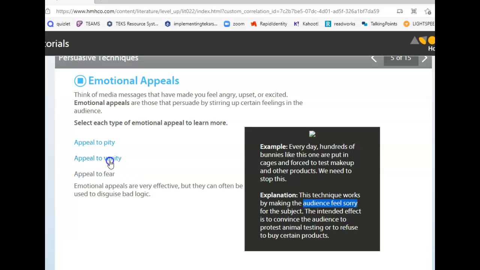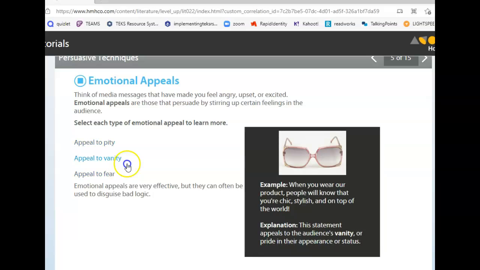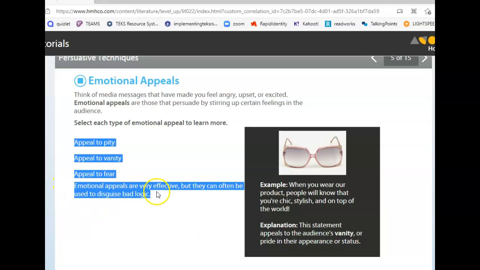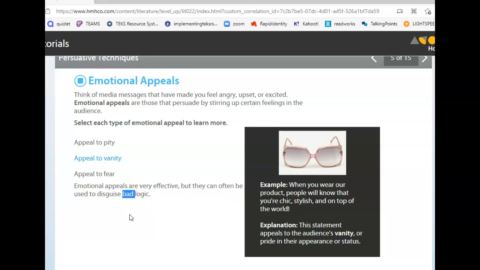An emotional appeal to vanity means the audience will feel pride. Emotional appeals often are used to disguise or hide. Another word for disguise is hide. Bad logic.